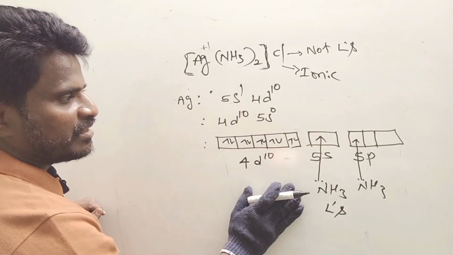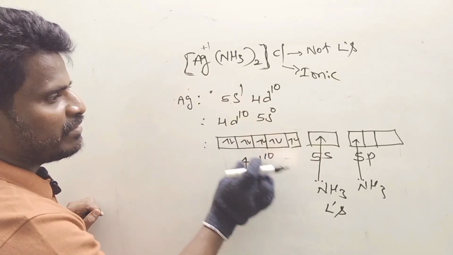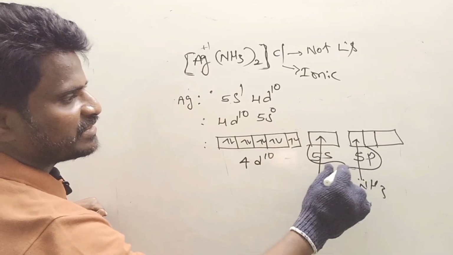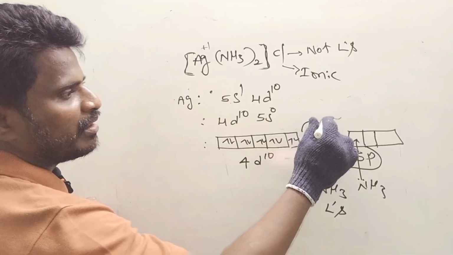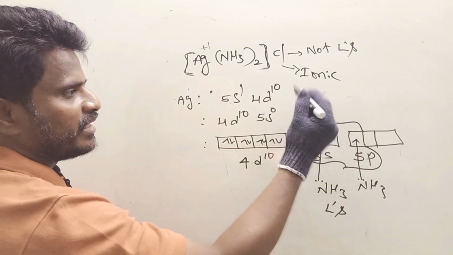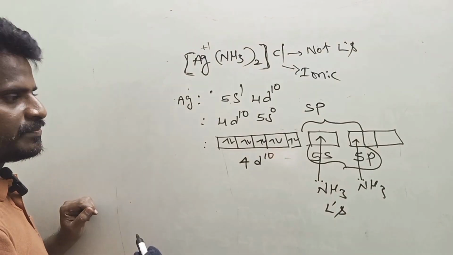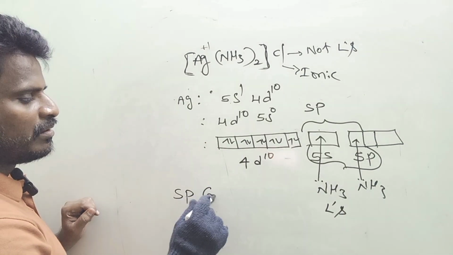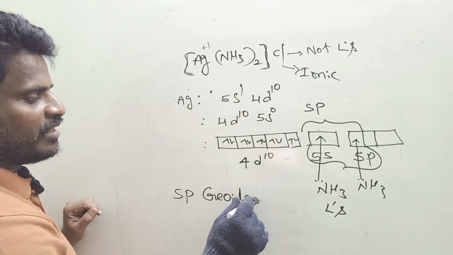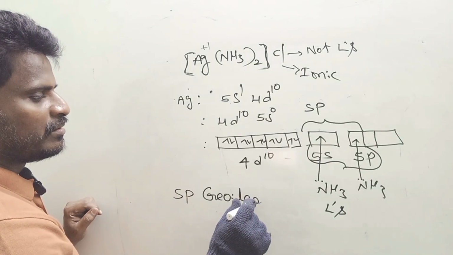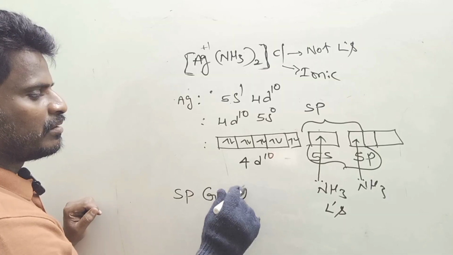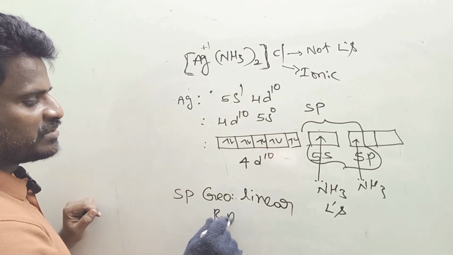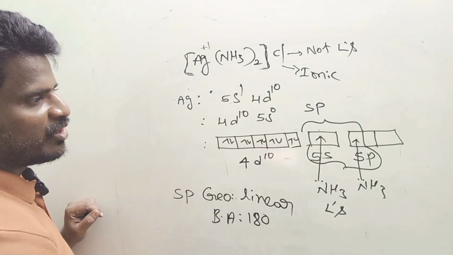For the formation of this complex, the silver metal has used only one s and one p orbital. It indicates it is in sp hybridization. The geometry is linear geometry, and the bond angle is 180 degrees.